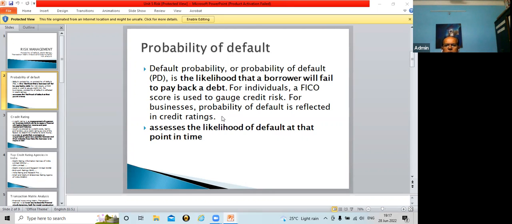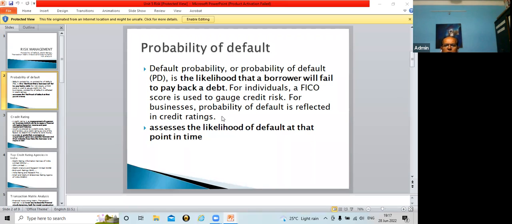But this missed installment immediately affects the credit score of that particular person. So always remember, we should not miss any EMI against a credit card.